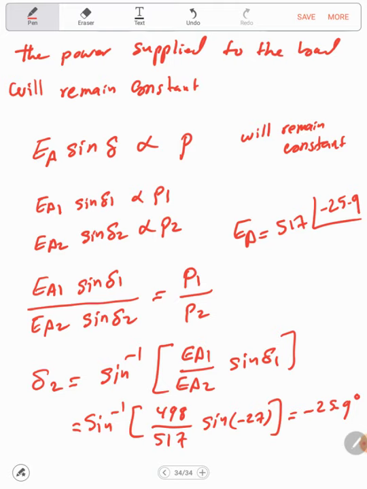So from the voltage equation we can find the current, and if we can find the current we can find the power factor for the machine, and we can calculate the active power of the machine, reactive power of the machine, and we can calculate the S total and the remaining part.